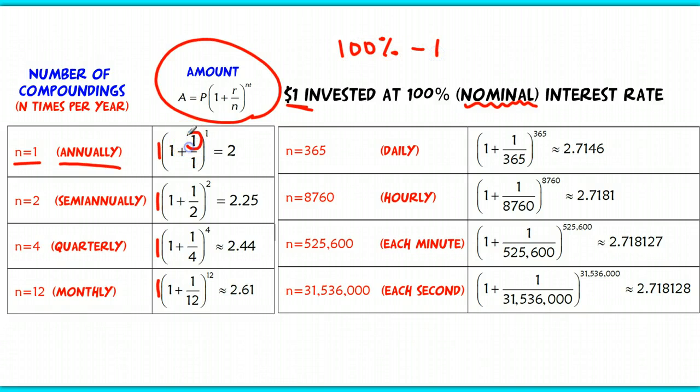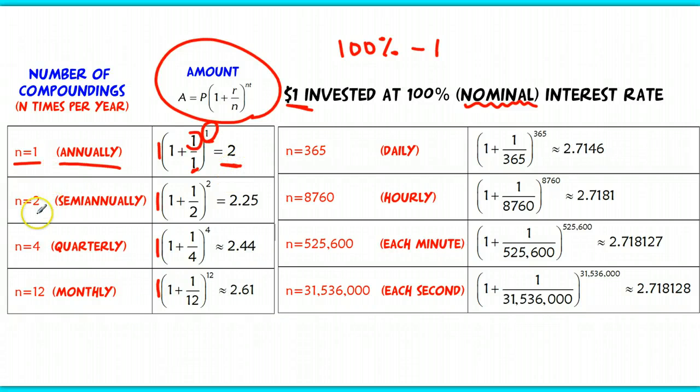So that's where this 1 is coming from in all of these fractions here. So we're going to take that 1 and divide it by the number of times that we are compounding it. In this case, since it's annually, it's just divided by 1. And we raise that to the number of times that it's compounded. Okay, so we end up with double our money if we do it after 1 year, and it's only a one-time compounded interest. So we get $2.